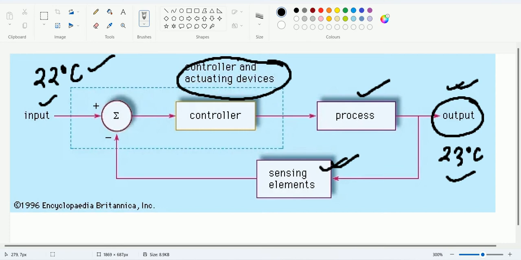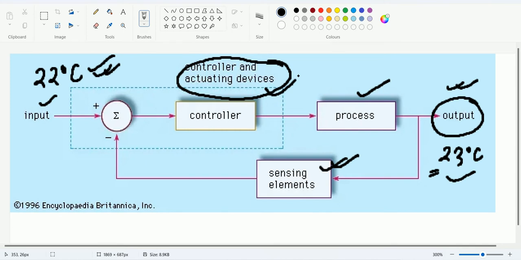If the output is more than the reference value, then this controlling device may switch off the machine for some time. Then after maintaining the room temperature, again the controlling or actuating device may turn on the switch.